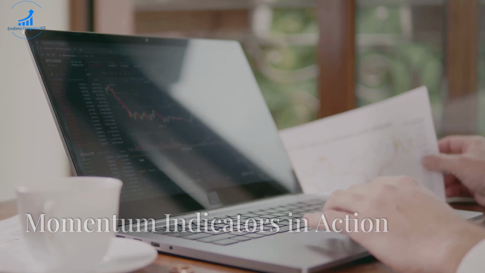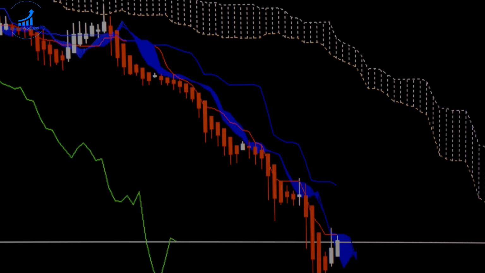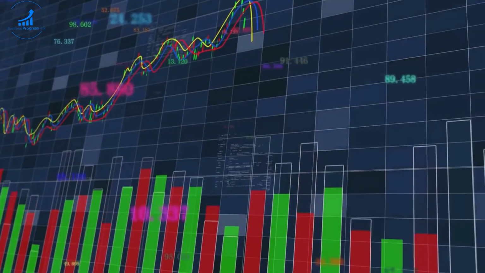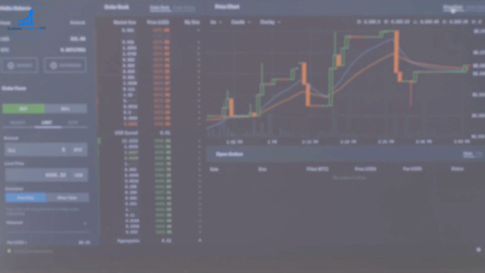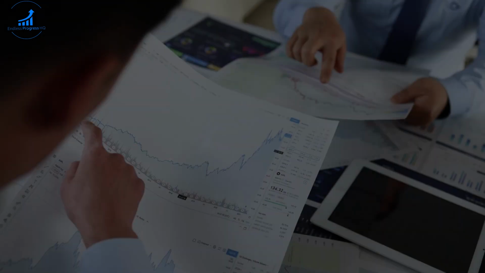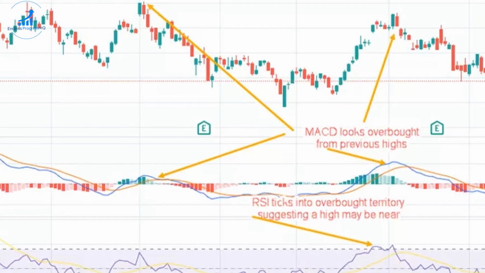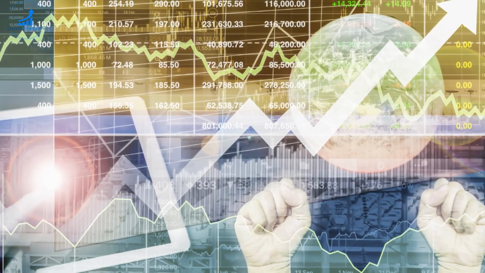Momentum indicators in action. Momentum indicators like RSI and MACD are valuable tools for any trader. They provide insights into the strength of price trends and can help identify potential trend reversals. By understanding how to interpret these indicators, traders can make more informed trading decisions and potentially improve their profitability.